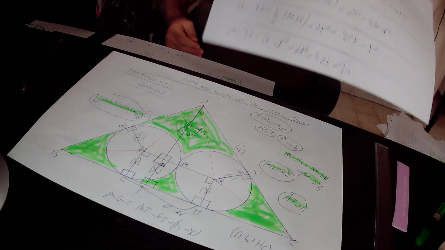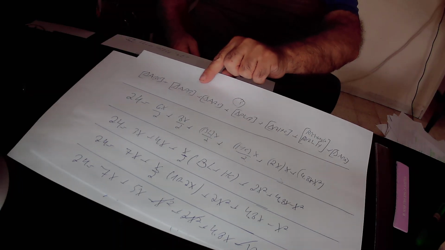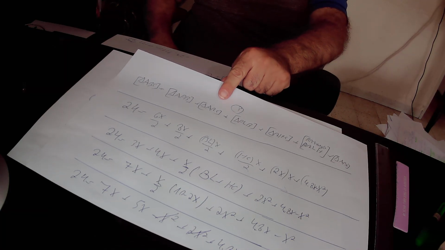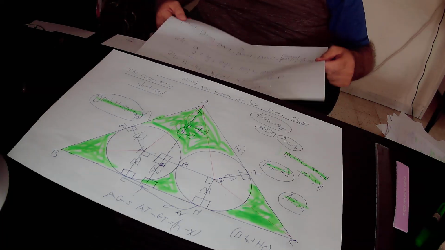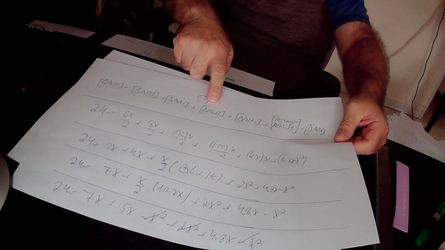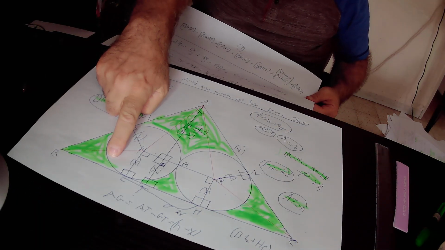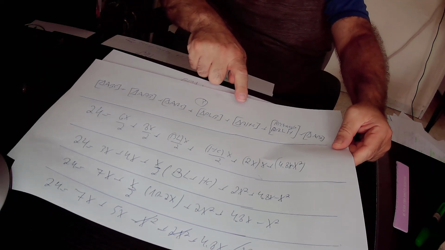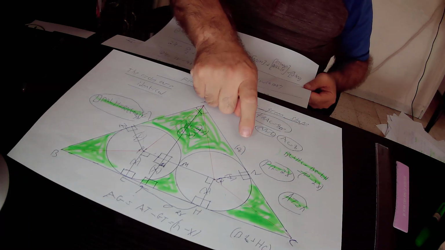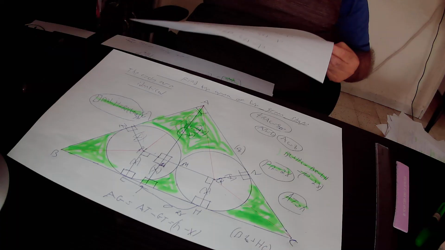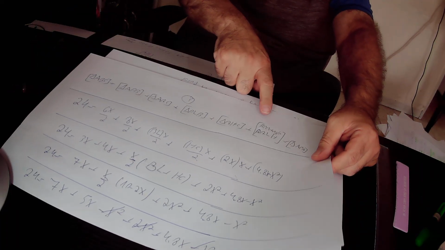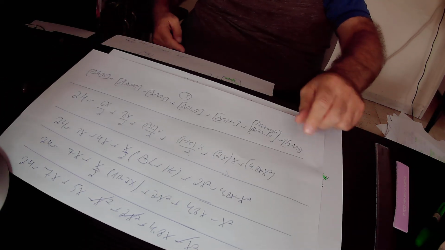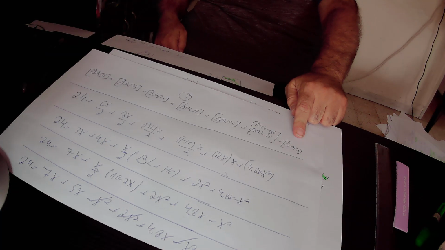So the area of triangle ABC equals the area of the first shape that it consists of, this triangle APB, plus the area of the second shape, that is triangle AQC, plus the area of the third shape, the triangle BLP, this entire triangle BLP, plus the area of the fourth shape, that is the triangle QHC, plus the fifth shape, the rectangle PQLH, plus the sixth shape, the triangle APQ.